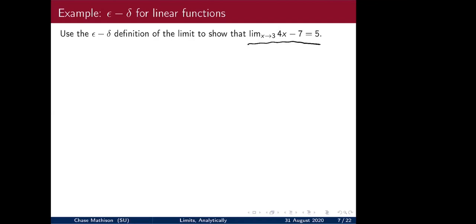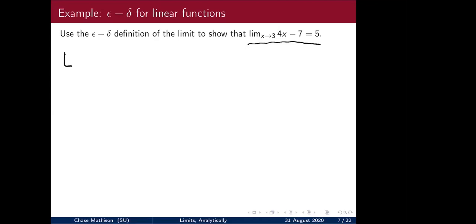Okay. All right, so again, this is an epsilon delta proof. So what should be the first 3 things that you write? Really like the first 6 words. Perfect.